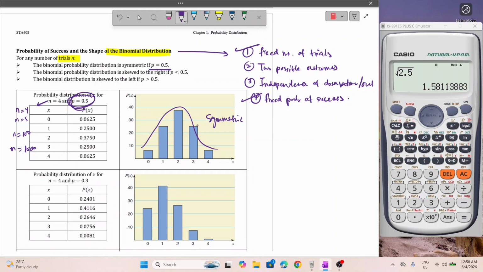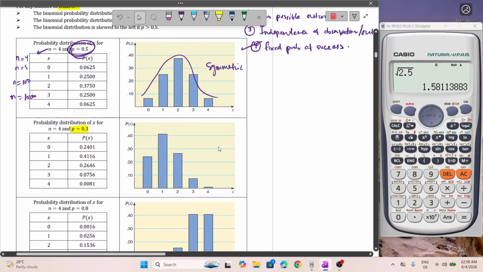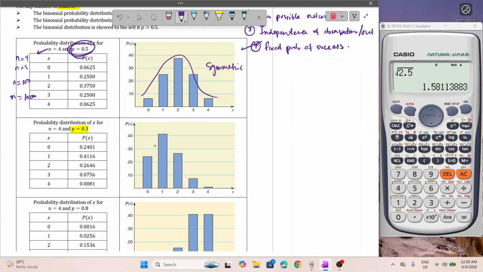Okay, regardless of the number of trials. Number two, the binomial distribution is skewed to the right if p is less than 0.5. See, if p here is less than 0.5, this is an example when p is 0.3. You notice the distribution has now become different.